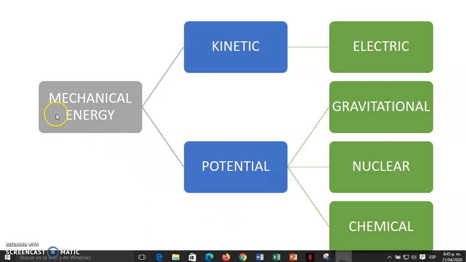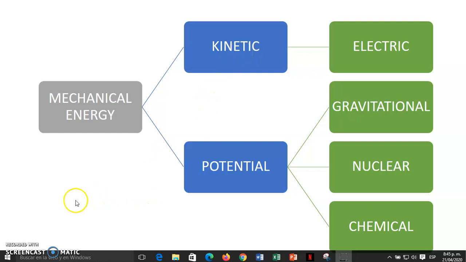Now, there is another form of energy that is mechanical energy. Mechanical energy is the sum of kinetic and potential energy that an object has. Okay, so mechanical energy is when we have an object that has the capacity of causing a change, but also has kinetic energy, or movement. For example, a windmill.